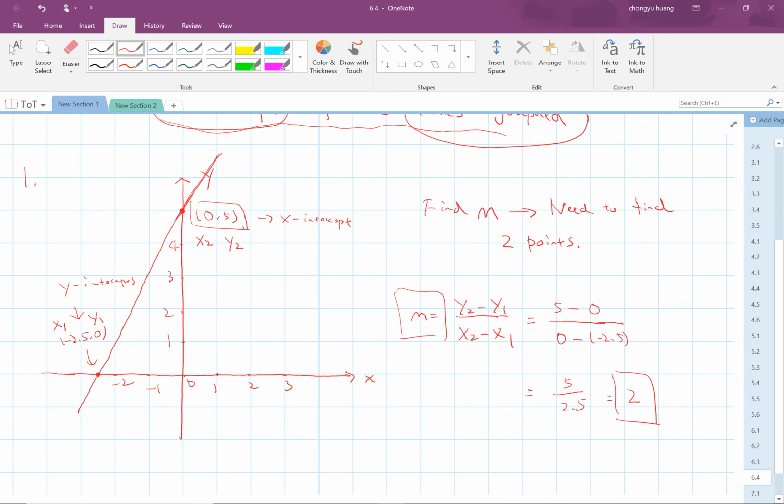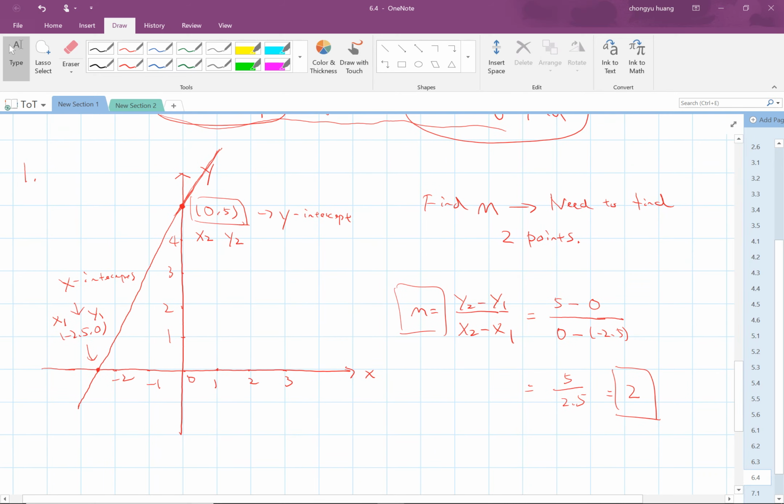Let me also rewrite this part. So here is also the y-intercept, and then this one is actually the x-intercept. Sorry about that. Okay, this is the y-intercept, and this one is the x-intercept.